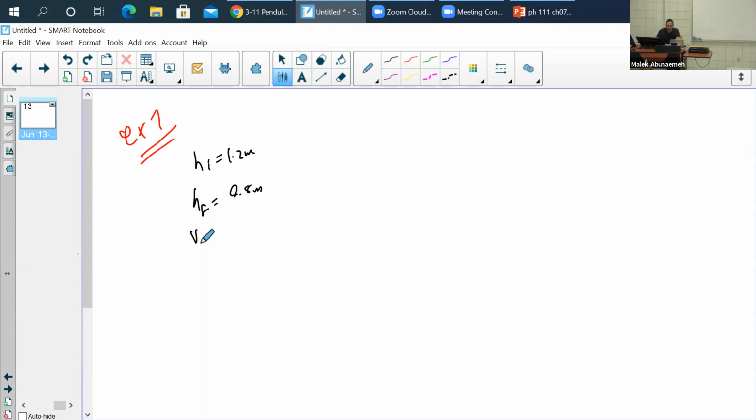And we're looking for your initial velocity, initial speed. Now you know that the final speed is going to be 0 meters per second. And again, your work, which is your change in kinetic energy, is mv final squared over 2 minus mv initial squared over 2.